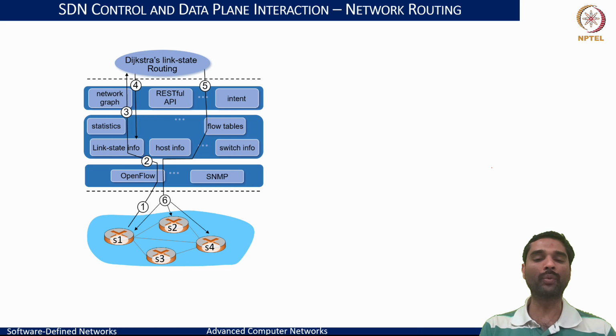Now, in the traditional approach, whenever there is a link failure, these routers have to flood the information about what has changed, and then everyone has to collect this update and reconstruct the routing tables. But here, there is no such need.